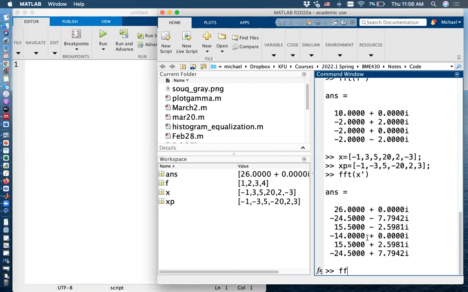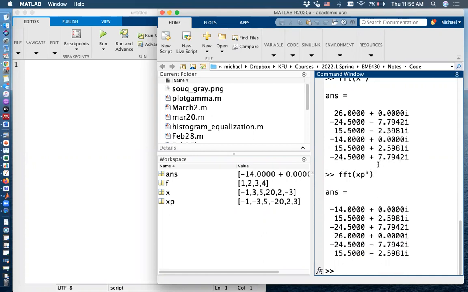Here are the values, and the FFT of xp, and show the values here. Okay, so notice 26, -24.5, 15.5. Okay, these values are actually the same as these. So the first 3 here became the last 3, and the last 3 here became the first 3. All right, so this only happens when there's an even number of elements in your array. This does not happen when there's an odd number of elements.